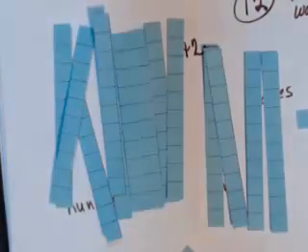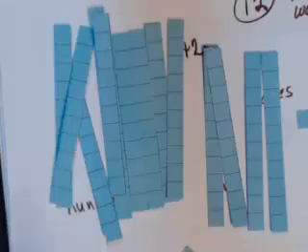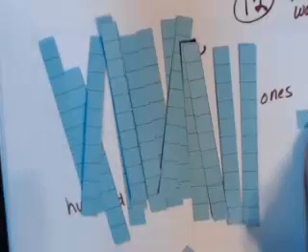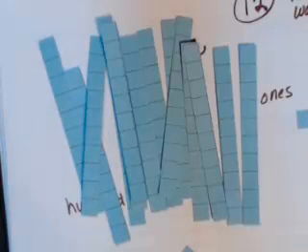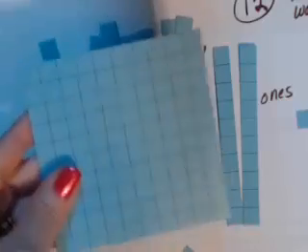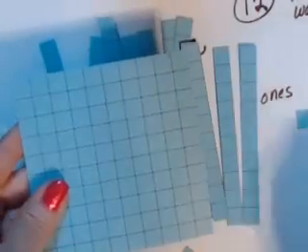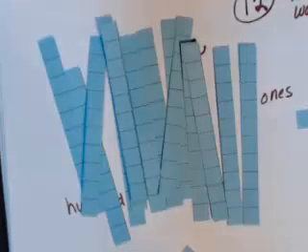Alright, so I now have 10 plus 4, 14 longs and 2 units, which is equivalent to the flat, 4 longs and 2 units. It's just regrouping or renaming equivalent amounts.